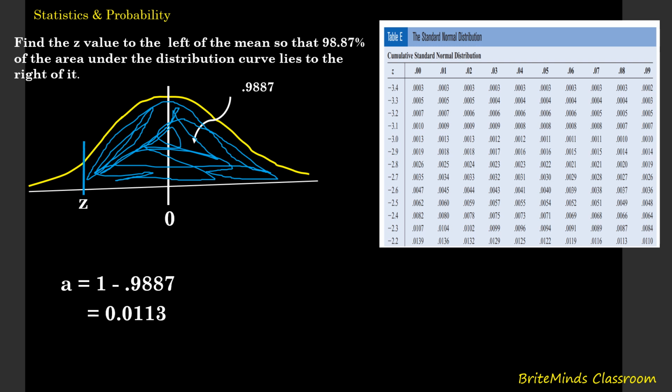Then we will locate our area in our table of values. This is our area, 0.0113, which corresponds to the z value of negative 2.28. So our z value is negative 2.28.